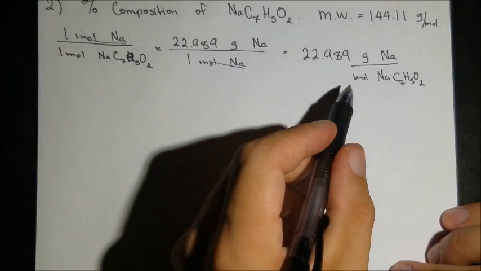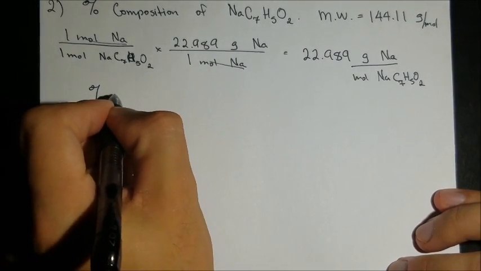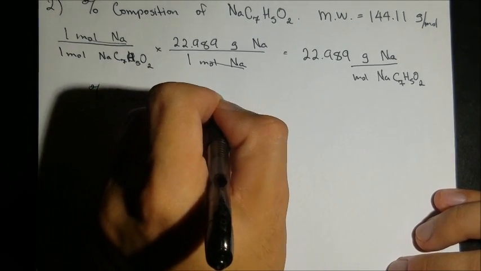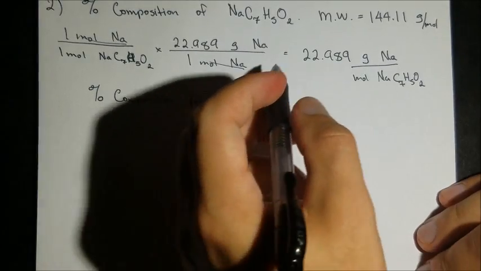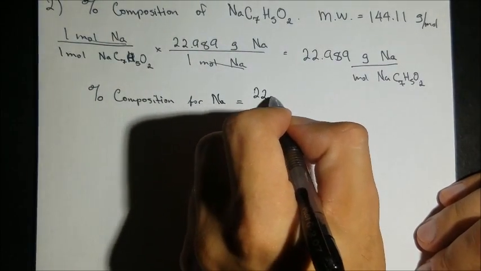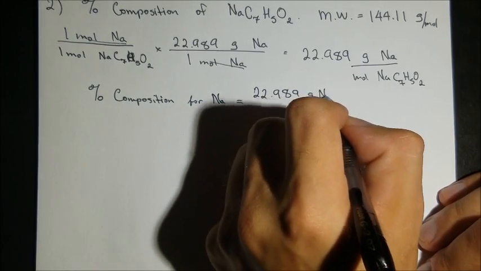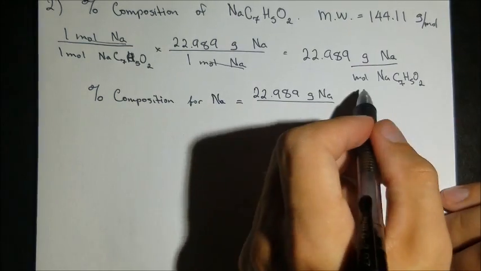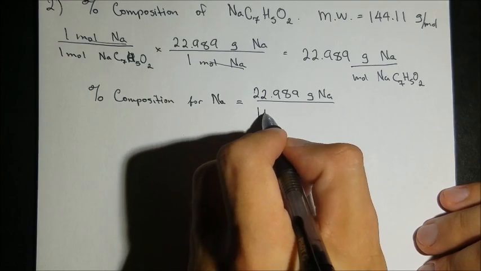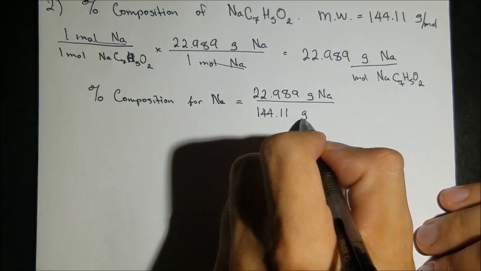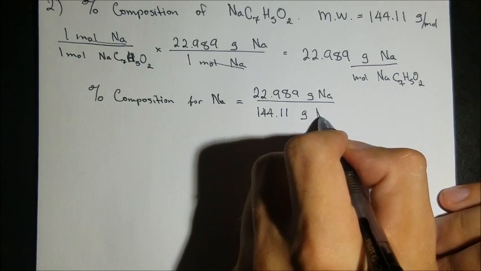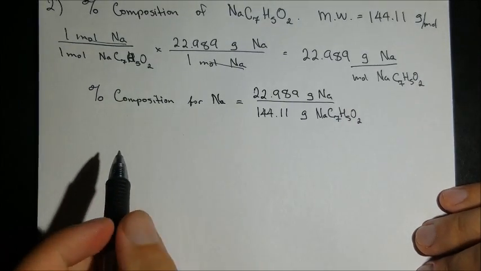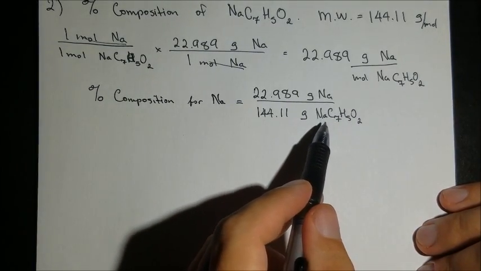Okay, so now percent composition for sodium is just going to be this mass. So I got 22.989 grams of sodium divided by the molar mass of this molecule, where it's just 144.11 grams of sodium C7H5O2 benzoate.